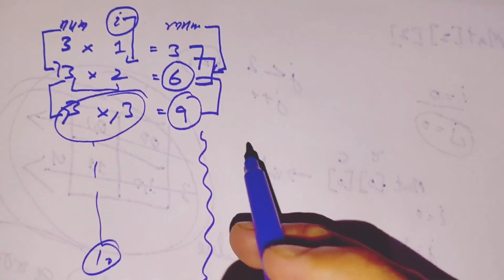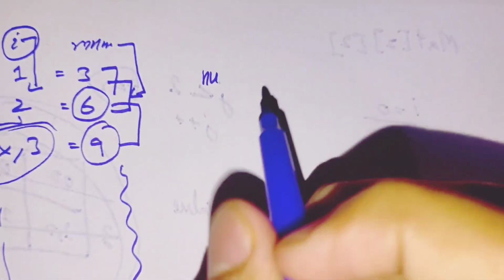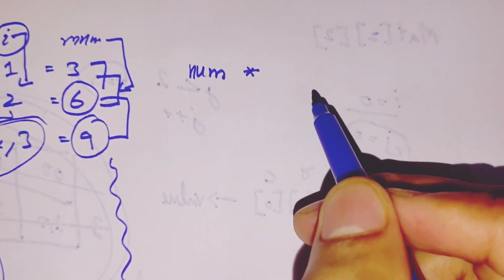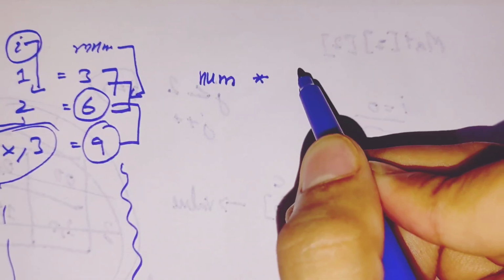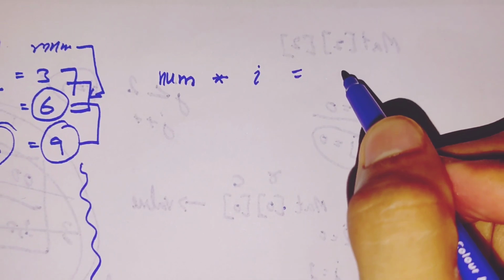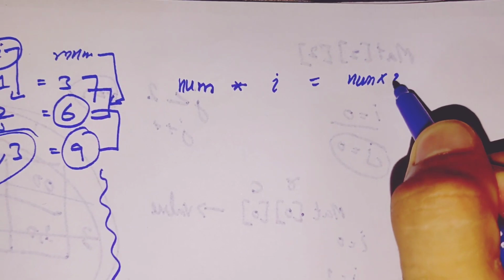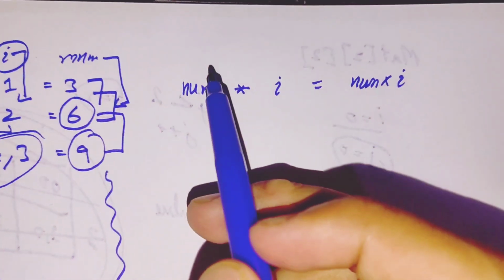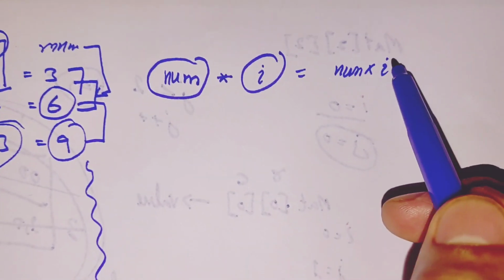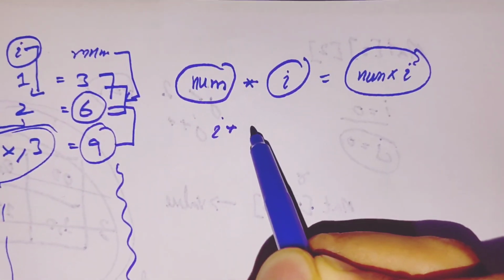So we find out that our logic for building this program is that we keep the number the same and show a symbol like this, with an I over here, and later on we say that it is equal to num multiplied by I. So in the print, we will print num as it is, I as it is, and num multiplied by I. But for every iteration, I will be incremented by 1.